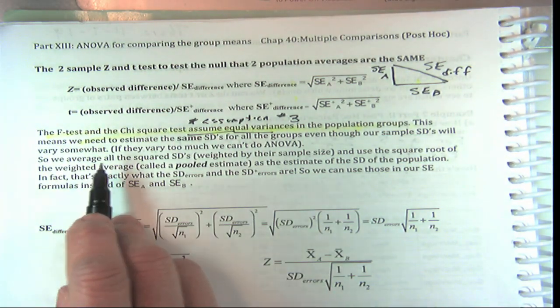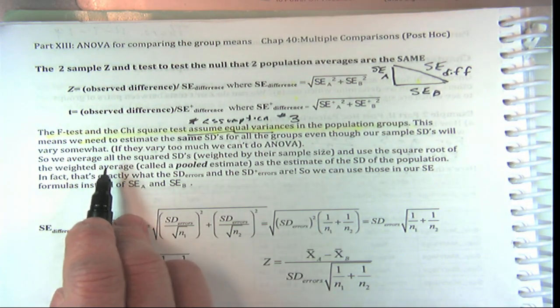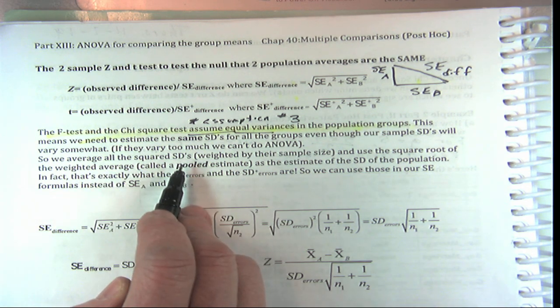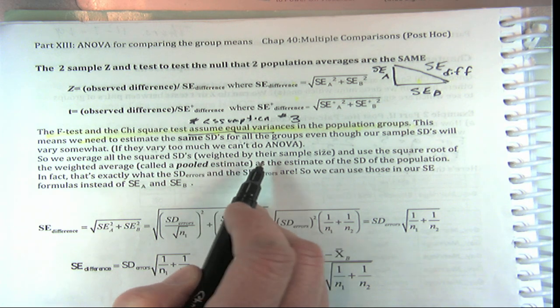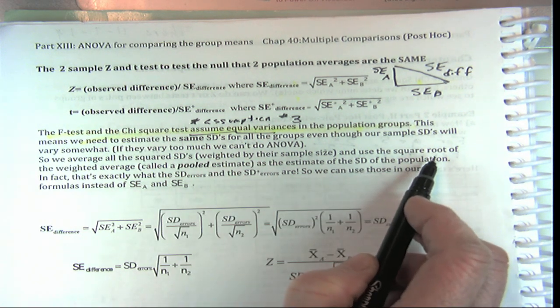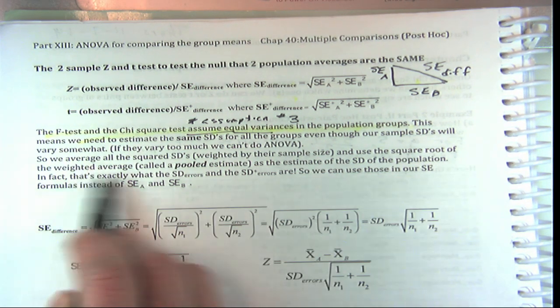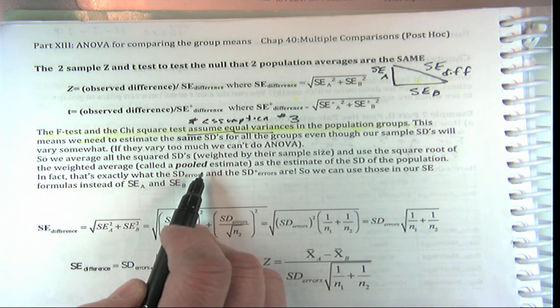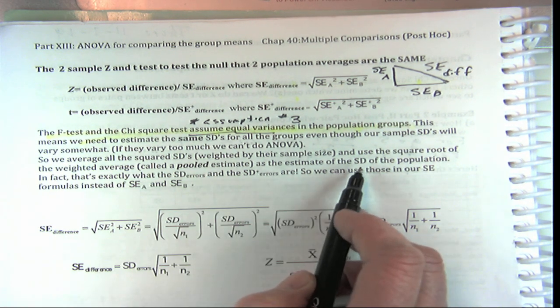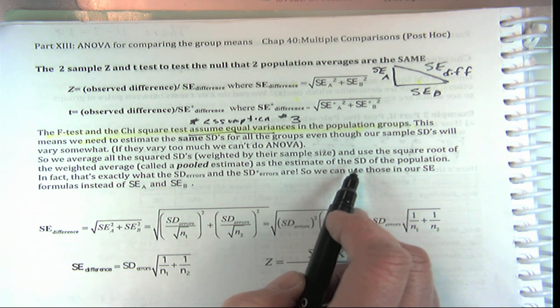So we average all the squared standard deviations. We do a weighted average by their sample size. And we take the square root of the weighted average, and that's called a pooled estimate. A pooled estimate of the standard deviation of the population.